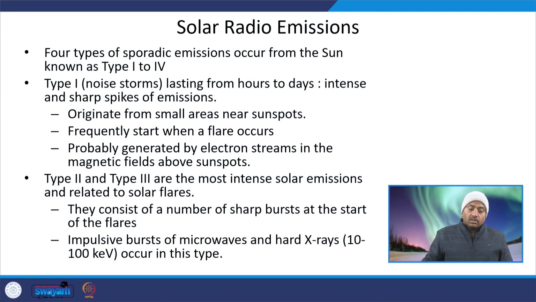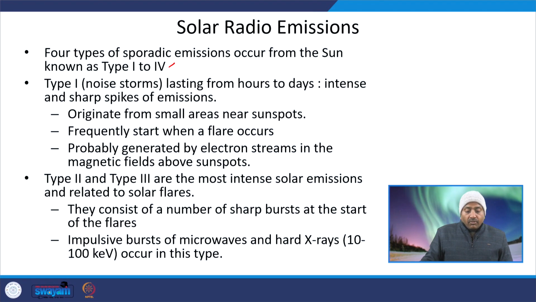So, in addition to these solar radio emissions, there are 4 different types of sporadic emissions which occur from the sun. Depending on the intensity and duration, they can be characterized into 4 types, type 1 to type 4.